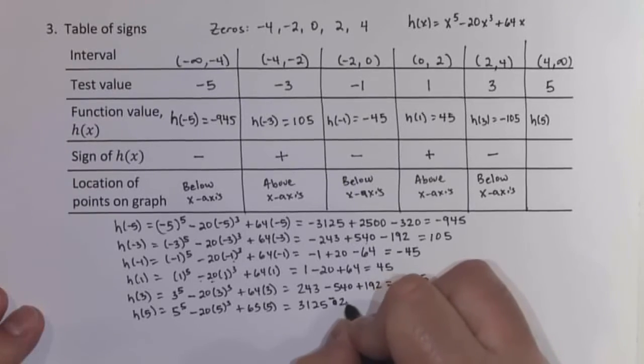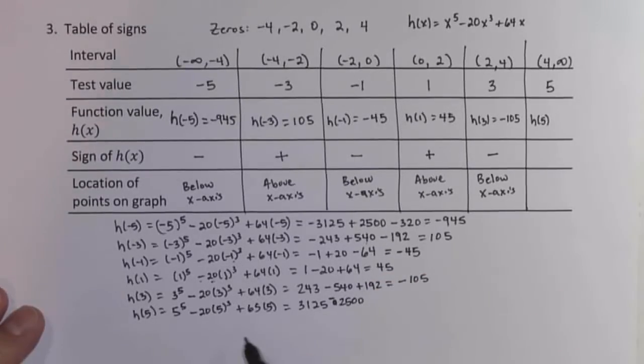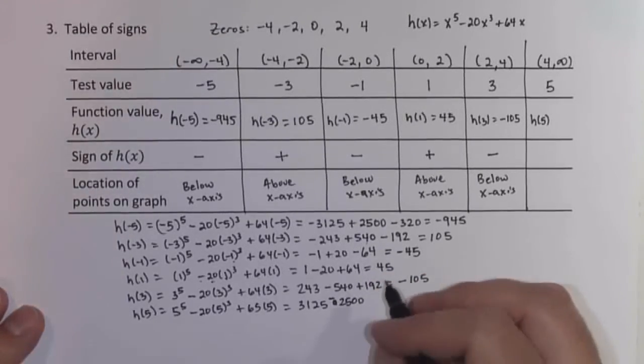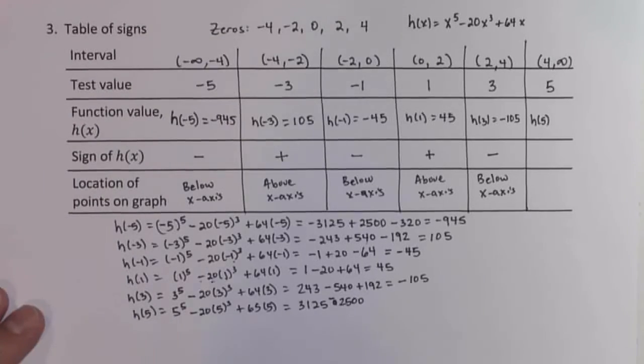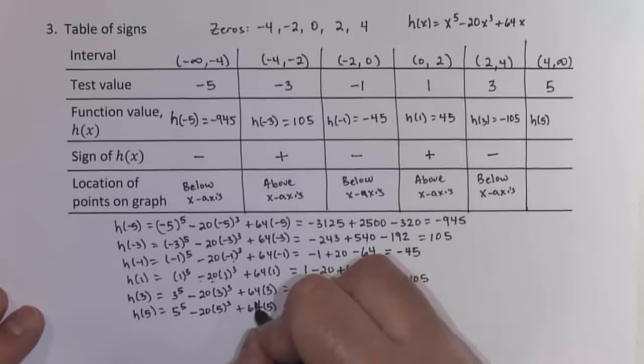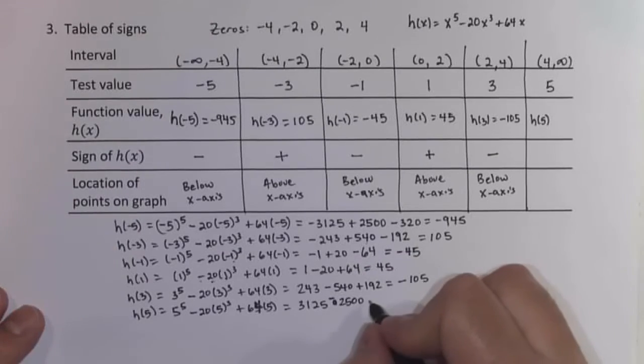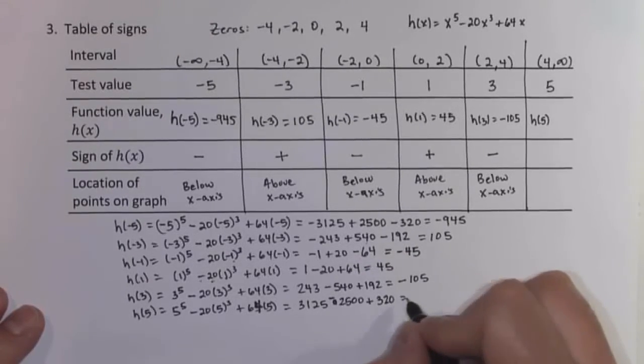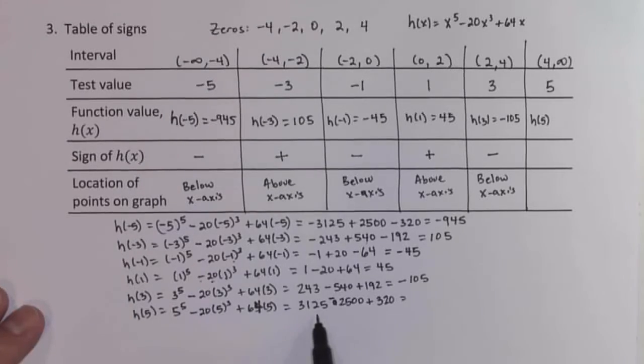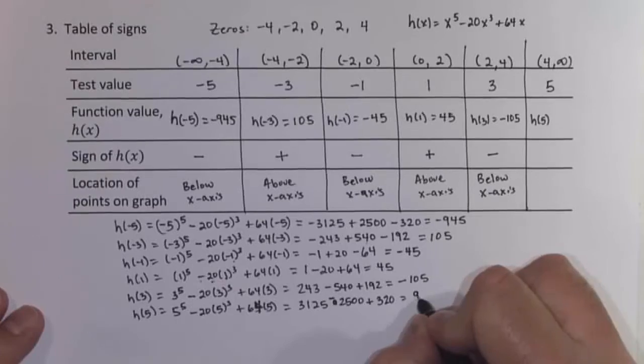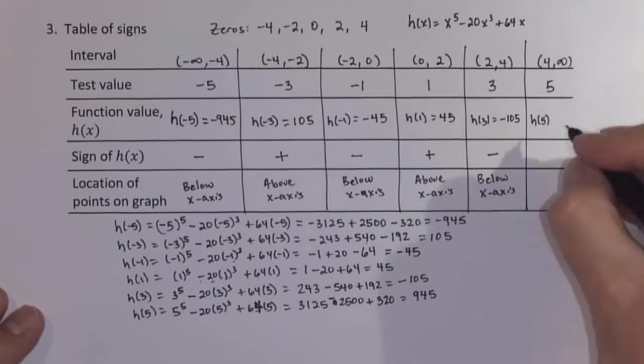So minus 2,500. And then 64 times 5 is going to be plus 320. So 3,125 minus 2,500 plus 320 will be positive 945.